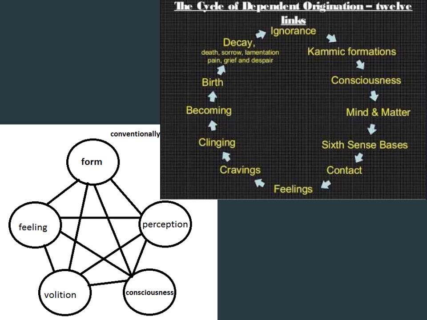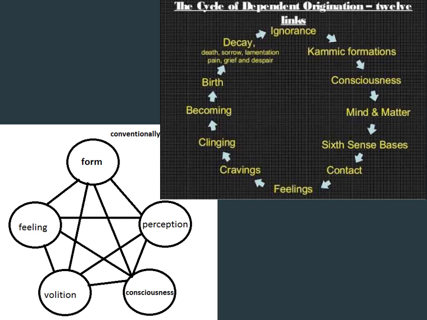Now this combined together with the cycle of dependent origination, the 12 links, as you can see on the right chart here, tells us how these 5 aggregates are combined for each so-called individual coming to different patterns, and that tells us whether we are human or an animal or what.